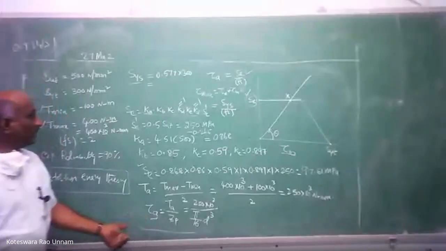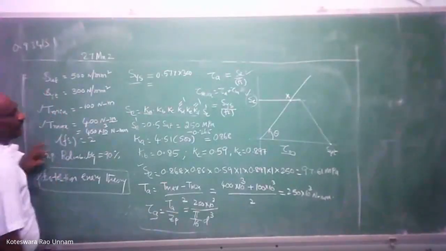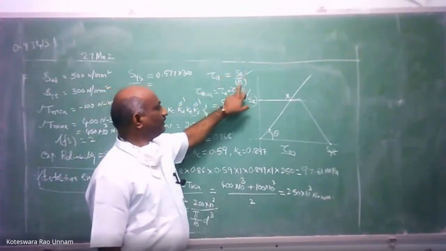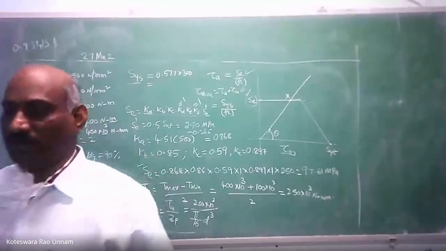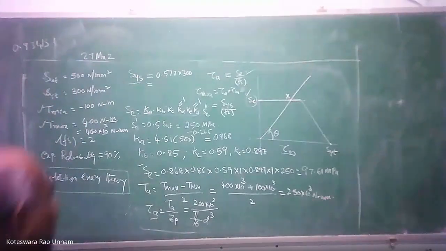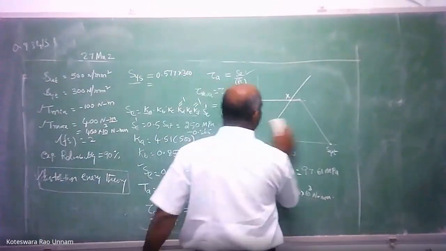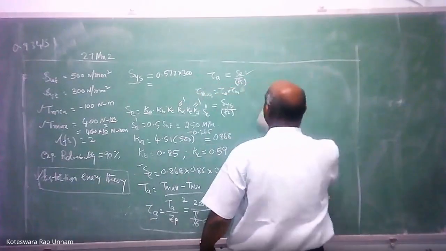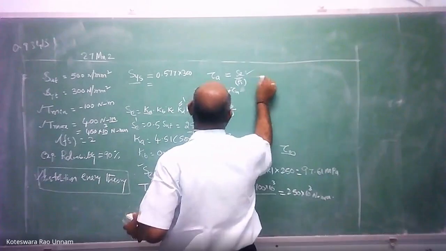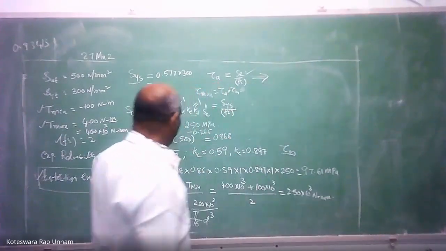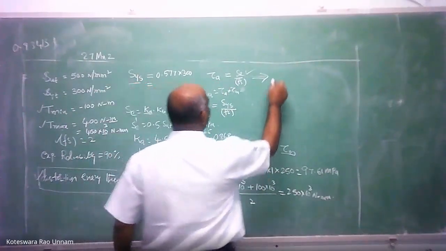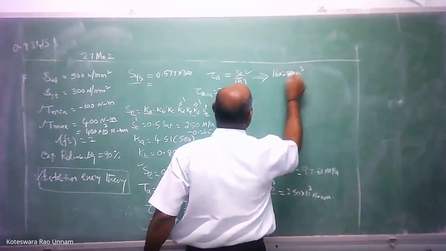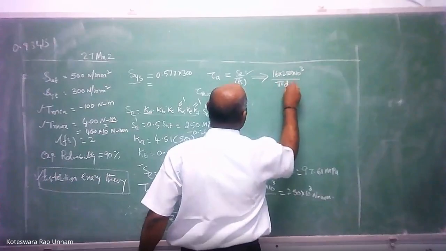While equating that, you need to consider this Fs also. So our equation is tau A equal to Se by Fs. Now, if I substitute those values, I can solve for the d value. So from this equation, tau A is nothing but 16 into 250 into 10 cube divided by π d cube.